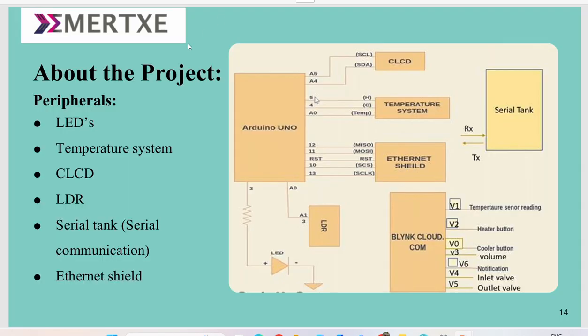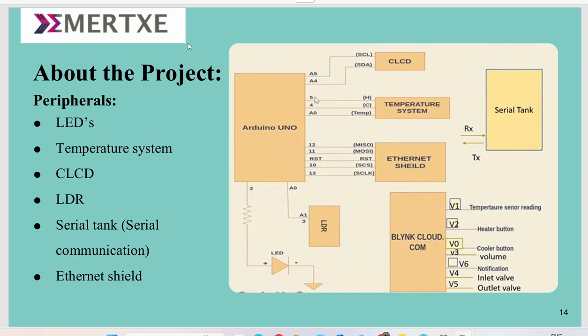Coming to the problem statement and objective of my project. In traditional homes, appliances are controlled manually, which is inefficient and not user friendly. The main objective of my project is to control lights, temperature, and water tank automatically and monitor their status in real time using IoT technology.